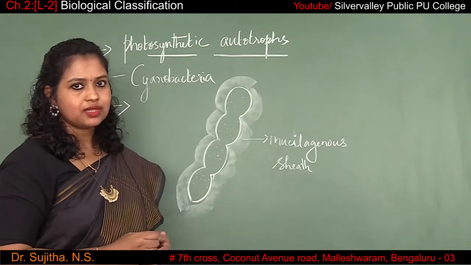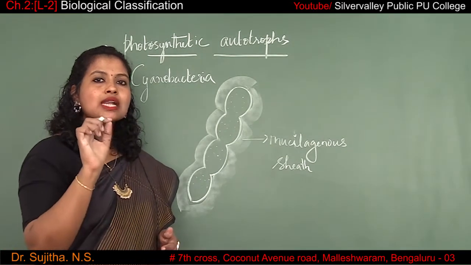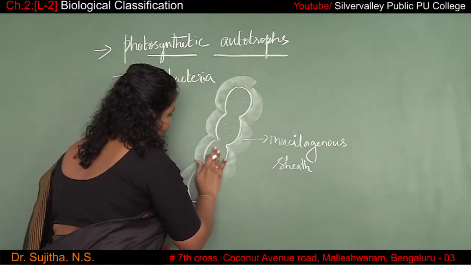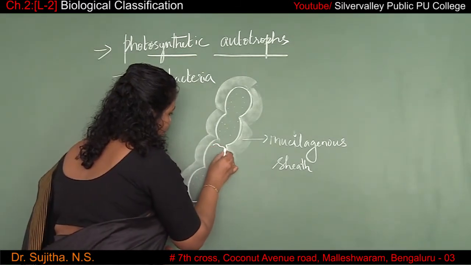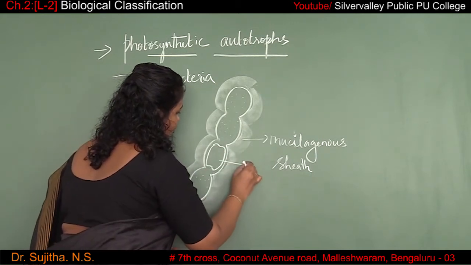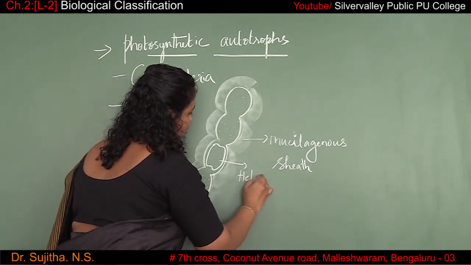And apart from this, it has one specialized cell. Somewhere here you can find one specialized cell, and this specialized cell is called the heterocyst.